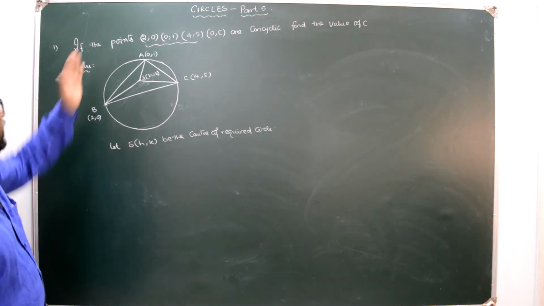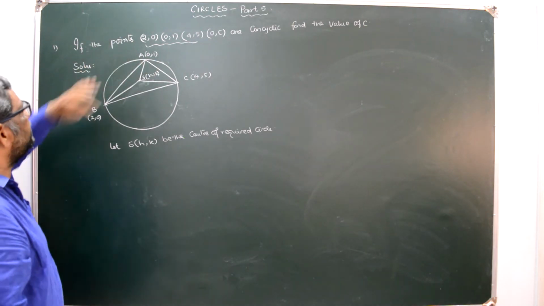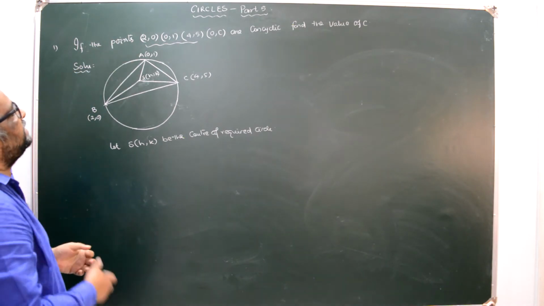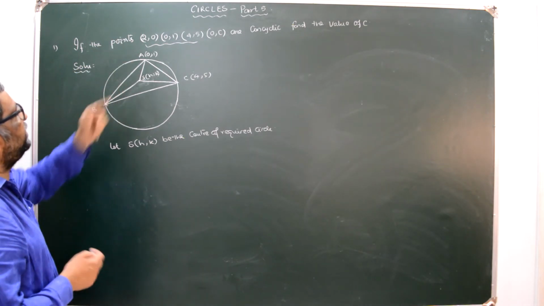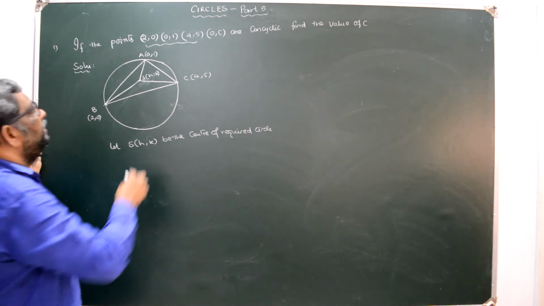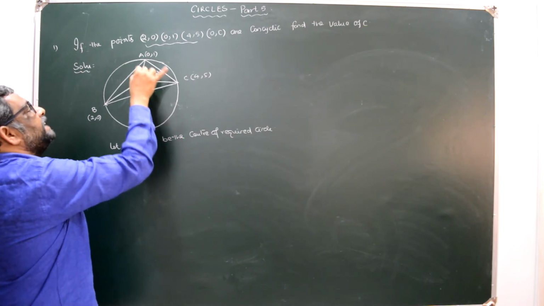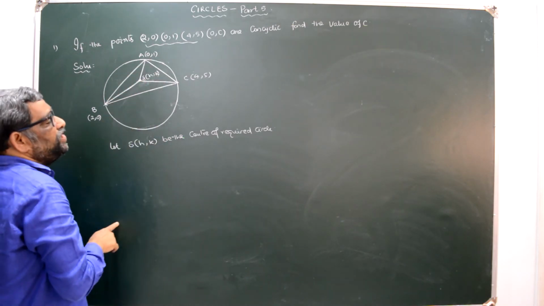As I said, these 3 points are on the circle because the circle is passing through these 3 points. By joining those 3 points I constructed a triangle, and the circle is passing through its vertices. Now, this being the circumcircle, I have chosen S to be the center of the circle, which is the circumcenter.